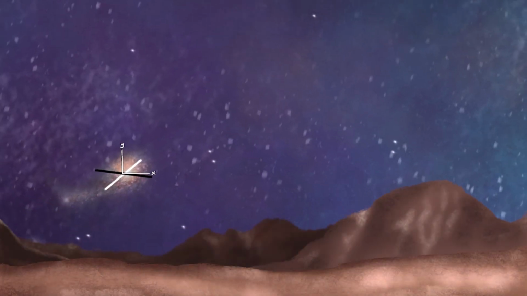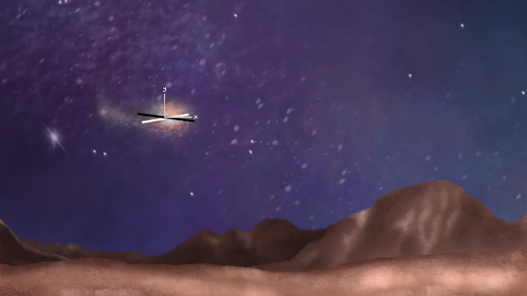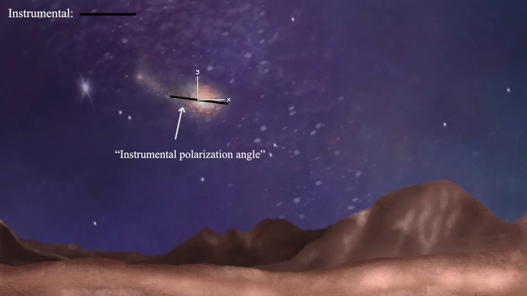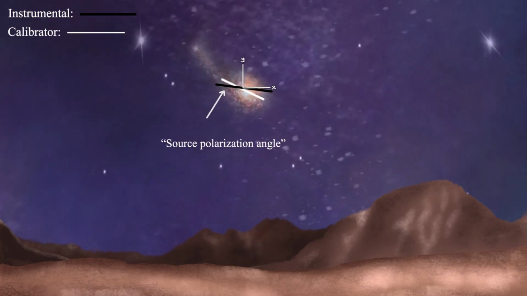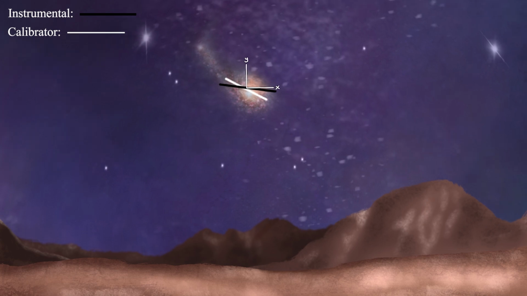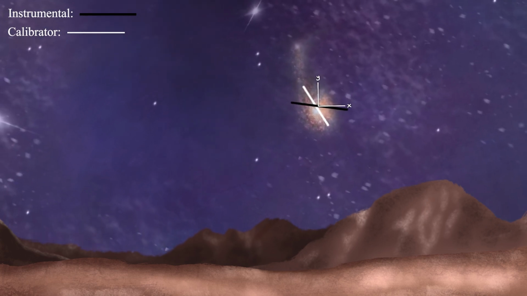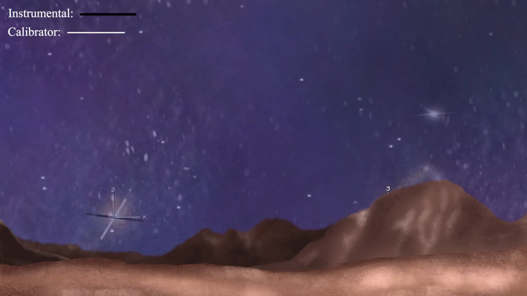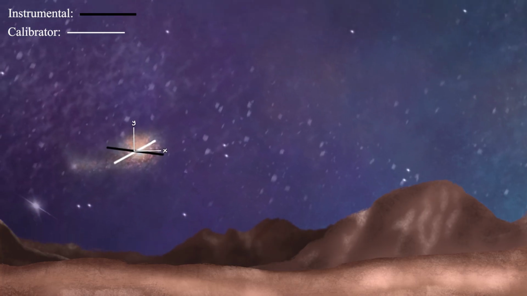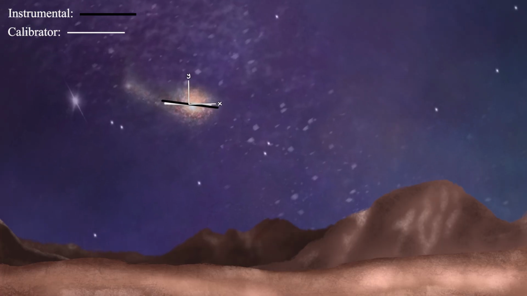Each observation of a polarization calibrator detects the combination of the instrumental polarization, which is at a fixed angle with respect to the ALMA receiver, and the inherent polarization of the calibrator itself, which is oriented at a fixed position angle in right ascension and declination. As the sky rotates, the orientation of the calibration source's polarization vector changes with respect to the ALMA receivers, while the instrumental polarization does not.